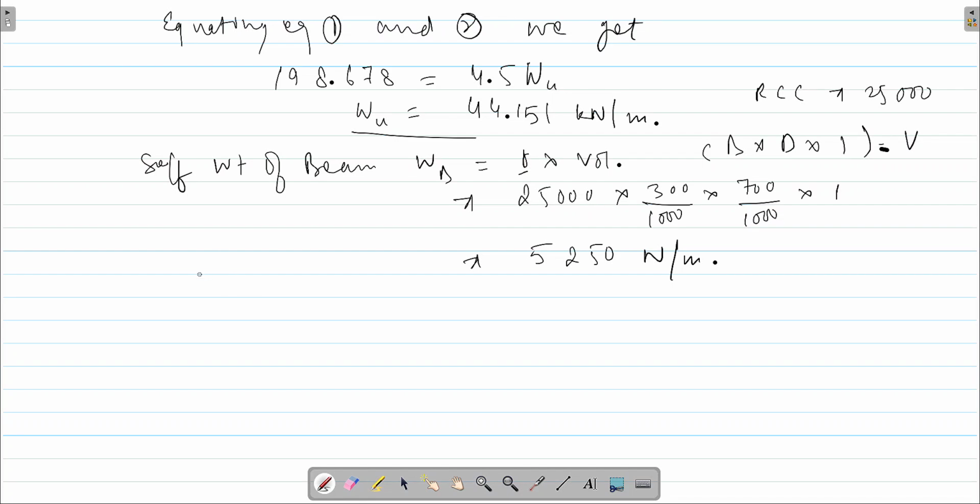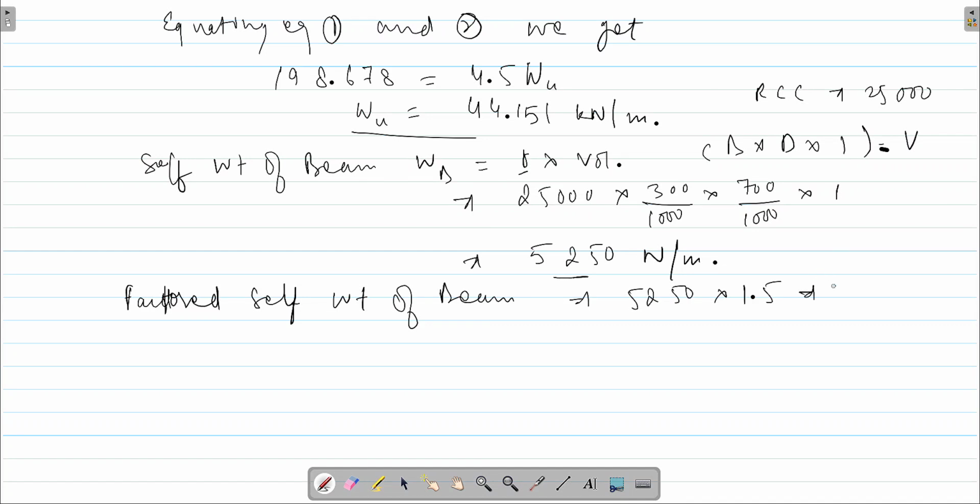Now factored self weight of beam is equal to, we'll multiply this one with 1.5, which comes out to be 7875 Newton per meter.